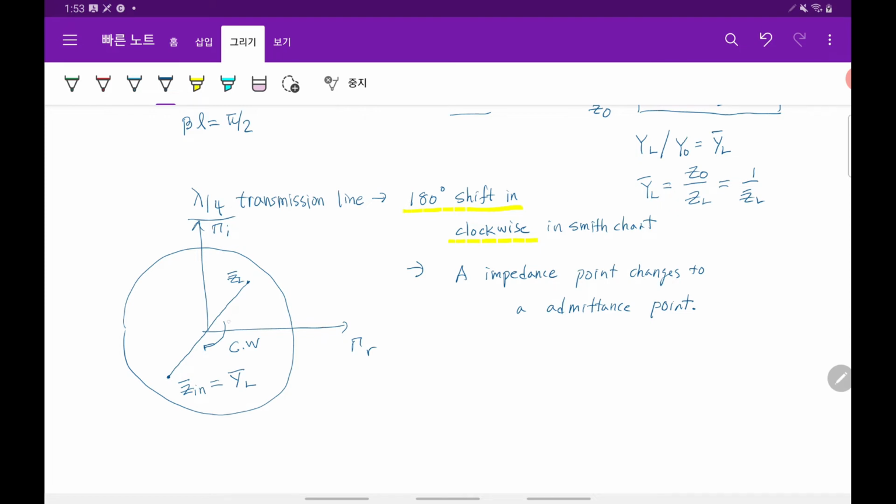Let's say we have an impedance point, and if we go 180 degrees to the opposite side based on this origin, then this point represents the normalized admittance, which is 1 over ZL.